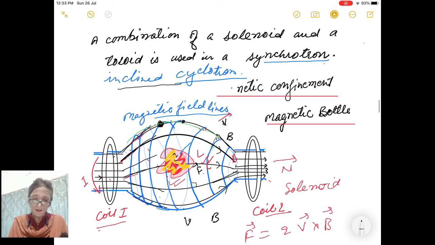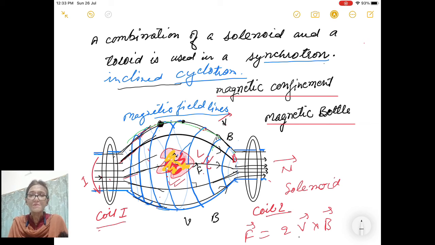Now there is one more device that is called magnetic confinement or magnetic bottle. A magnetic bottle is a device to contain very highly heated substances.